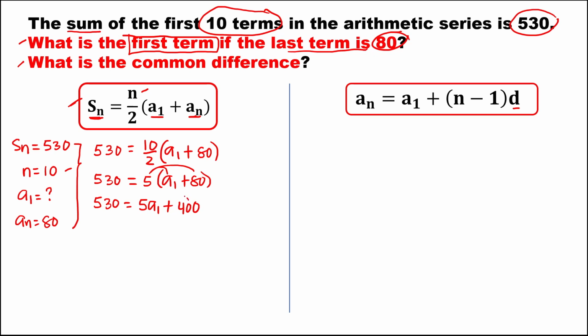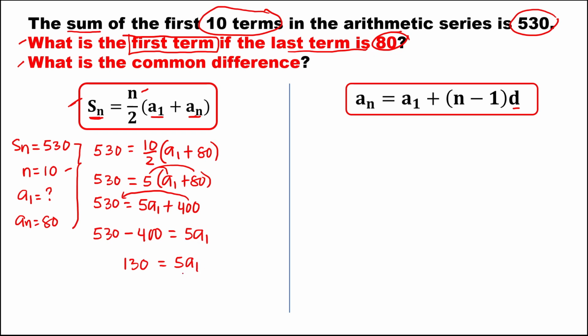Then we need to transpose this positive 400 to the other side. So this becomes 530 minus 400 equals 5 times the first term. And this 530 minus 400, this is equal to 130, equals 5 times the first term.